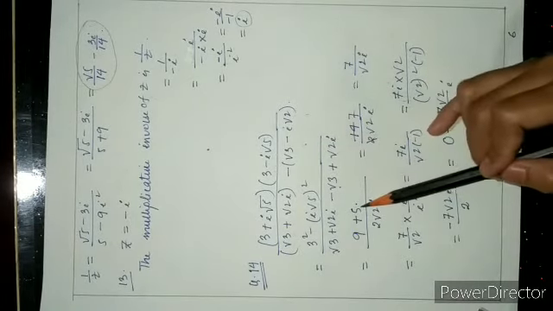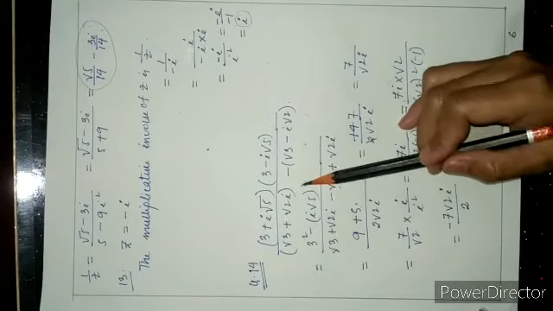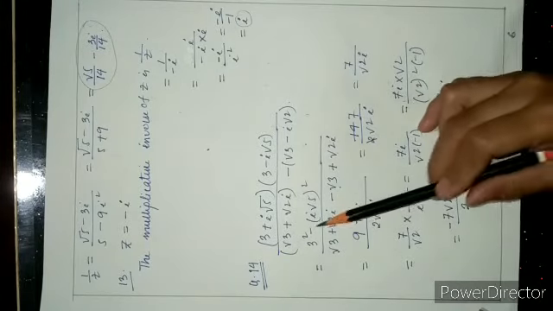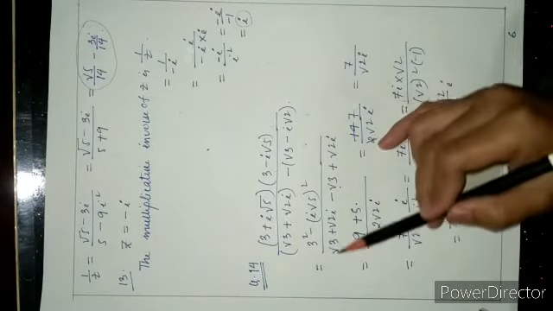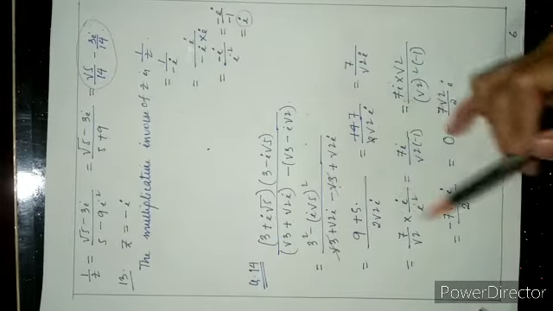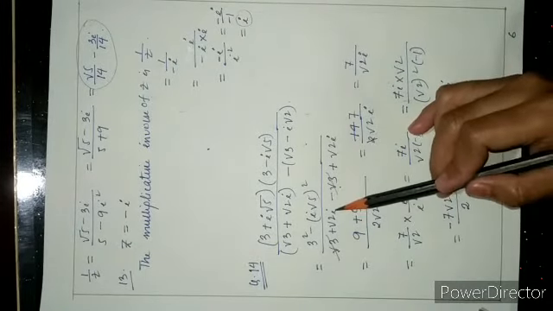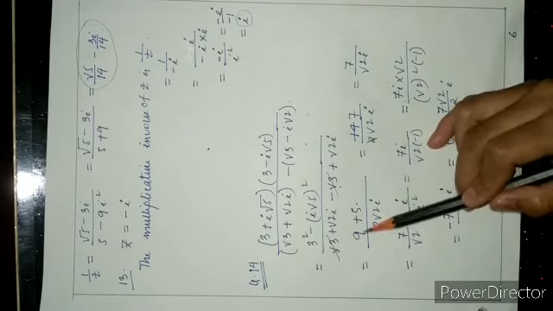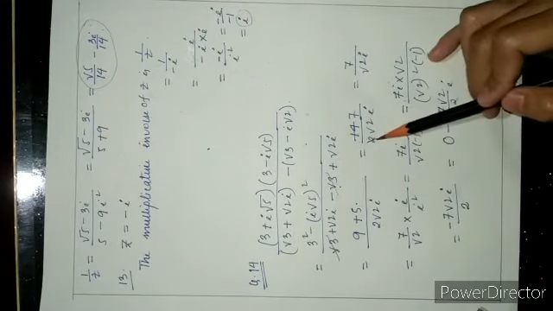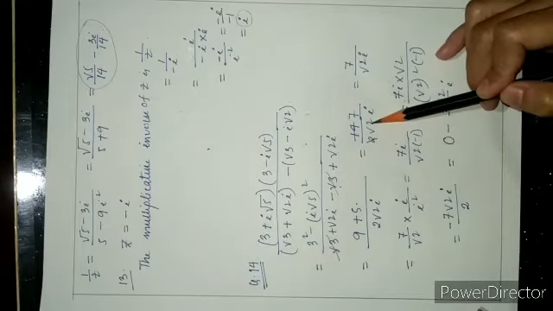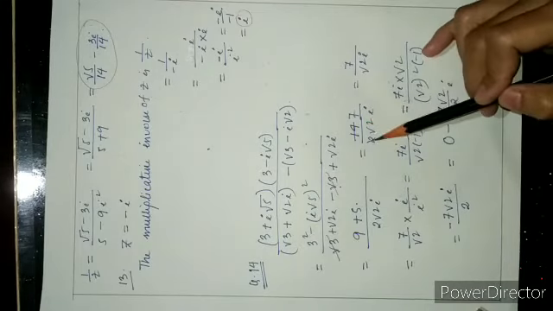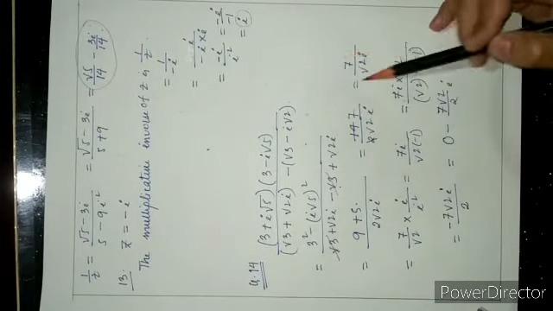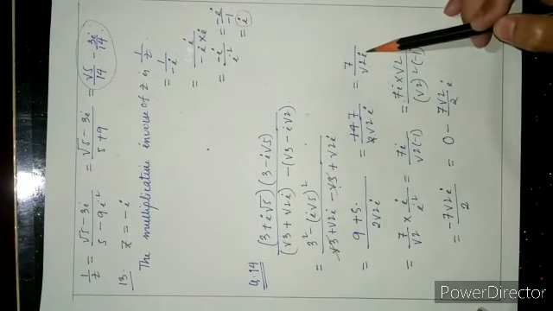Root over 5 whole square is equal to 5, and the value of i square is equal to minus 1. Minus minus plus. Cancelling plus root over 3 and minus root over 3, root 2i plus root 2i is equal to 2 times root 2i, and 9 plus 5 is equal to 14. 14 divided by 2 root 2i. Dividing 14 by 2 we get 7, and the remaining factor is 7 divided by root 2i.